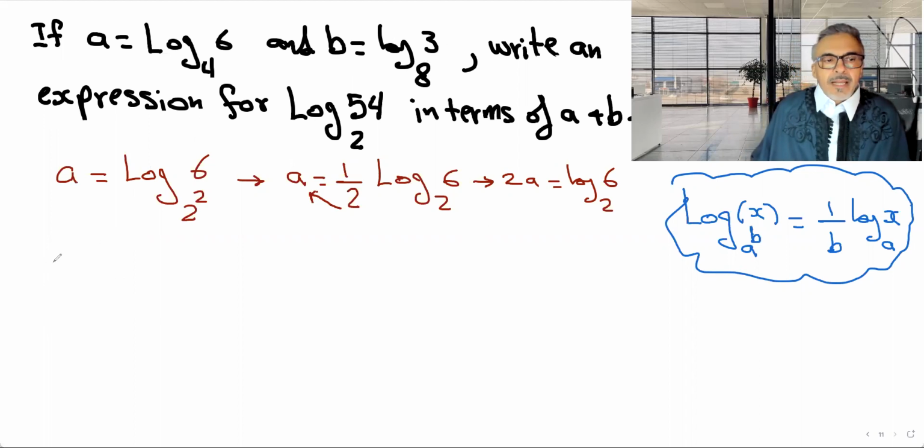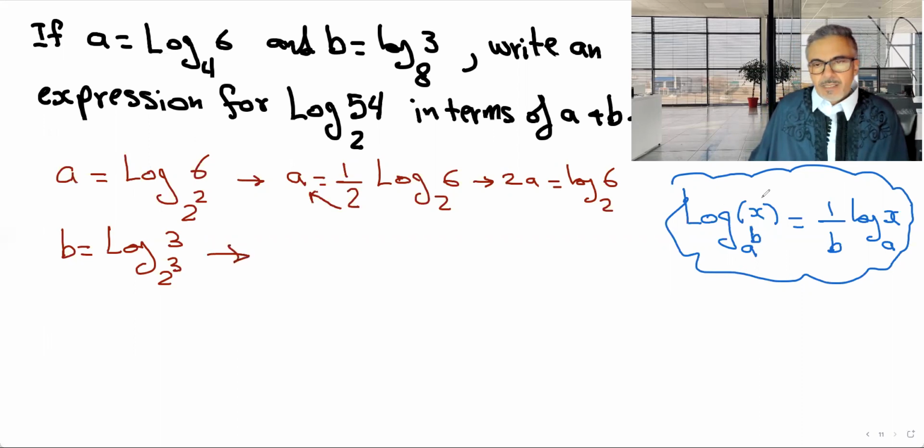I'm going to manipulate this as well. So this b equals log base 8 of 3. I'm going to change the 8 to 2 to the power of 3, which is that 3 right there. Now, as we mentioned, this rule tells you that this 3 here, you could just make it 1 over 3.